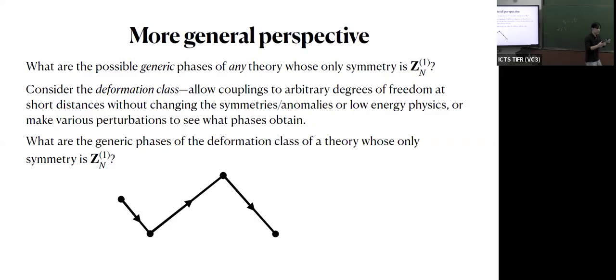So this means that you're coupling to different arbitrary degrees of freedom in such a way that you're not changing low energy physics. RG flow you should think of as going down. Because you're coupling to degrees of freedom at short distances such that you're not changing low energy physics, if you go back down, that takes you just to where you started.